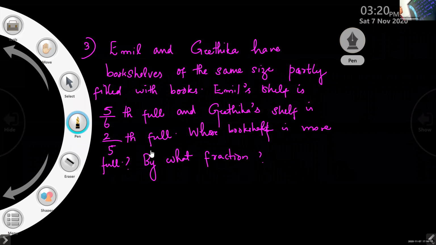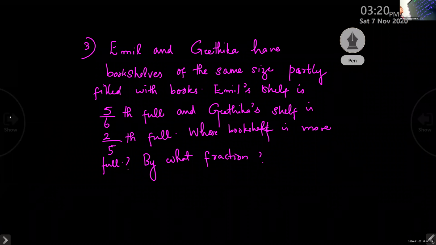Emil and Geetika have bookshelves of the same size, partly filled with books. Emil's shelf is 5/6 full and Geetika's shelf is 2/5 full. Whose bookshelf is more full? By what fraction?